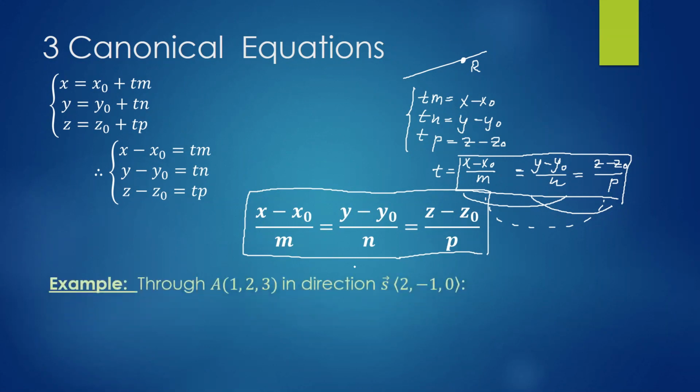So one example, it's the same point, 1, 2, 3, same direction, 2, minus 1, 0. So we are just writing x minus 1 divided by 2, y minus 2 divided by minus 1, and z minus 3 over 0. Similarly to the previous case, we don't divide by 0.